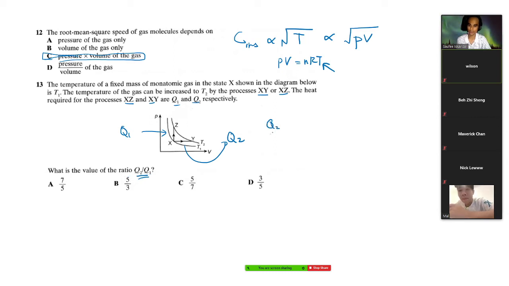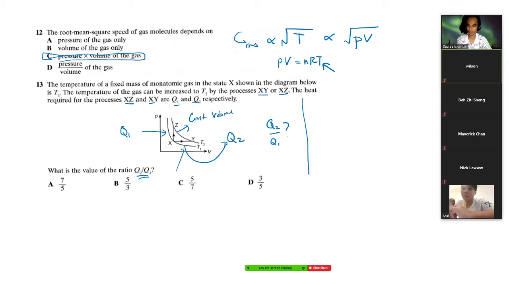So it's asking for Q2 over Q1 as the ratio. Now, X to Z is constant volume. We call the heat capacity at constant volume.